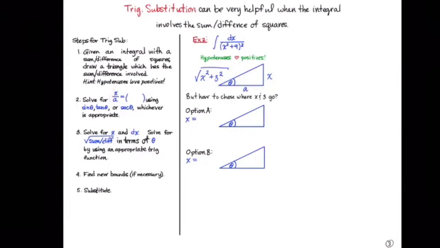And if you've set your triangle up correctly, you will always get either sine theta, tan theta, or secant theta. It will always be one of these three. If you get a co, then stop, redo your triangle. So you should never get a cosine, cotan, or cosecant. Okay, so in our case, I just went with the shortcut instead of the option of where do x and 3 go.